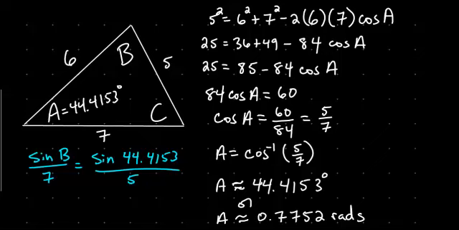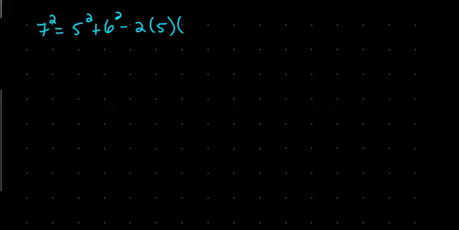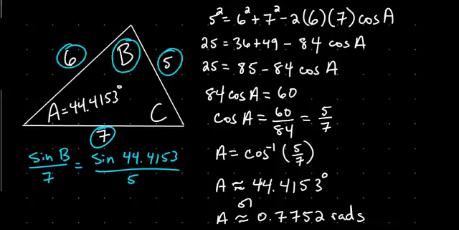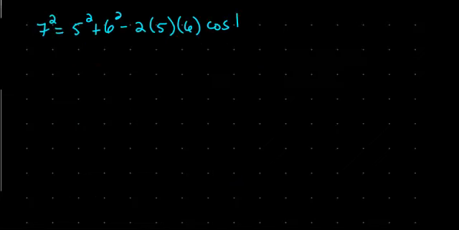I want to find B, so I need to start with 7. So 7 squared equals 5 squared plus 6 squared minus 2 times 5 times 6 times the cosine of the angle opposite of 7, which is B.